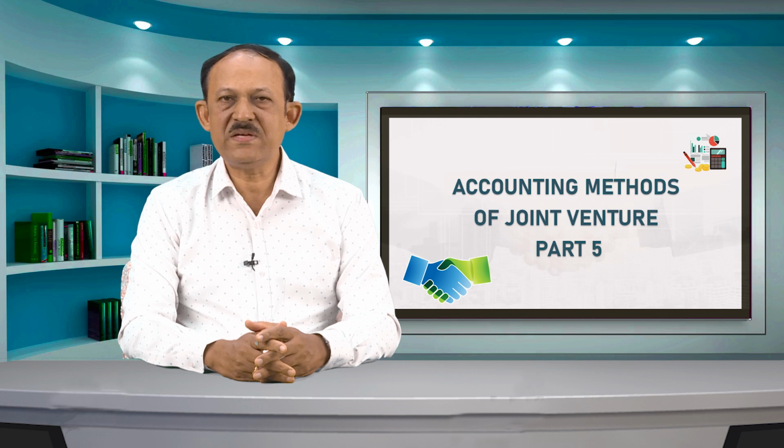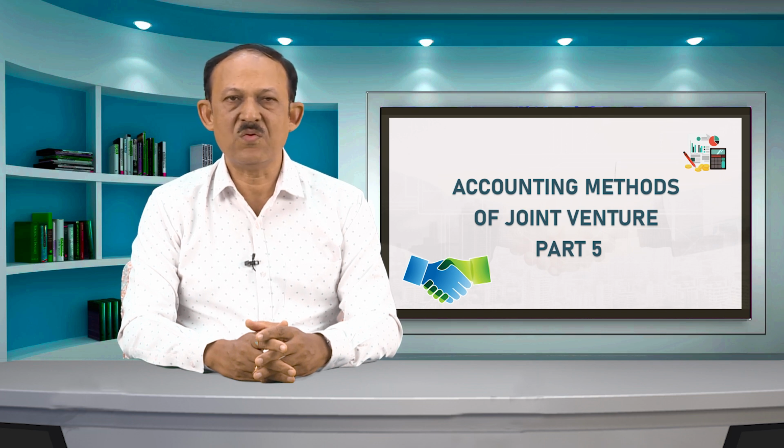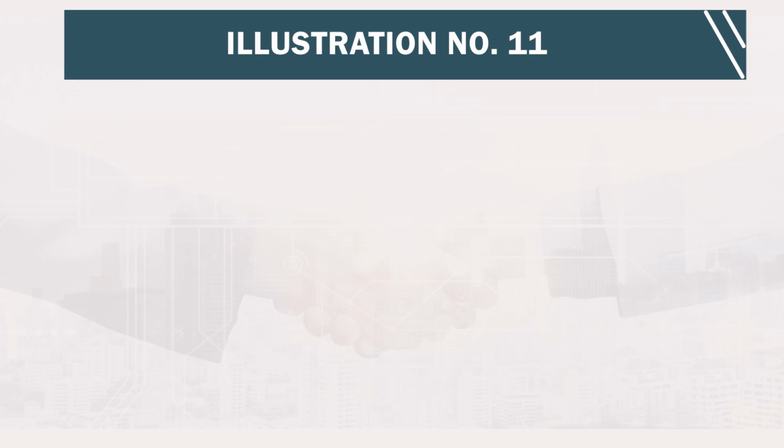I think you must have understood how the memorandum joint venture account and co-venturers' accounts are prepared. Before concluding this, let us see one more question of preparing the memorandum joint venture account. Illustration number 11.